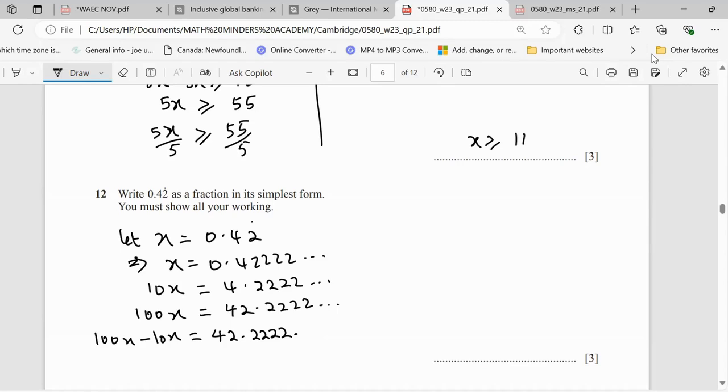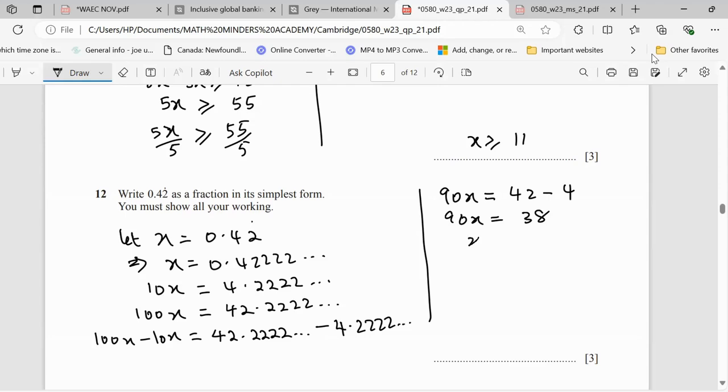We continue. So now when we do 100x minus 10x, the other side we are going to have 42.2222 dot dot dot minus 4.2222 dot dot dot. So let's see what happens here. We have 90x here. All the decimal part turns out to be 0 under subtraction. So here we have 42 minus 4. So 90x turns out to be 38.